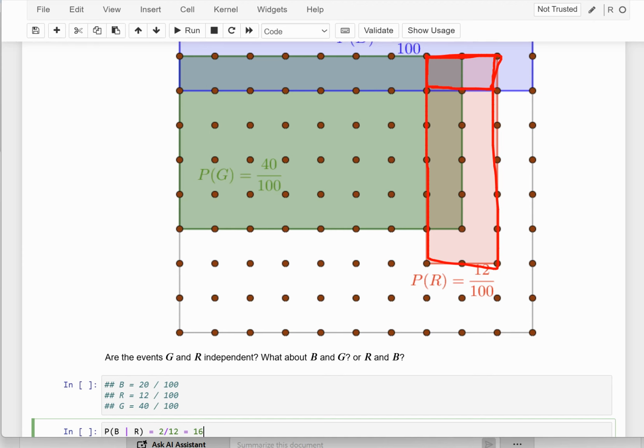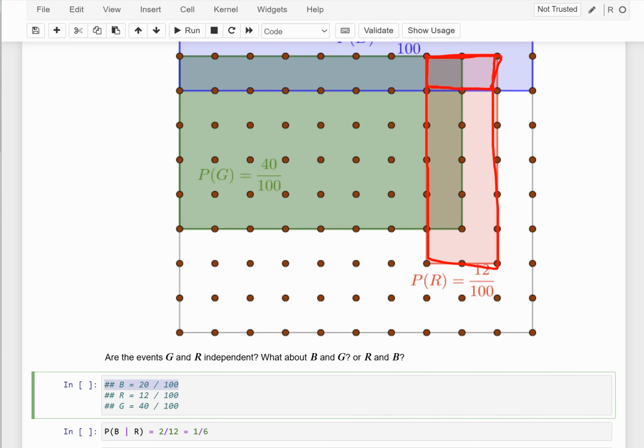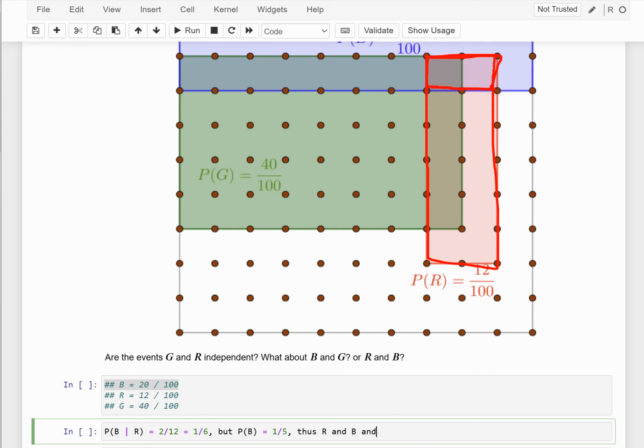So it's 2 out of 12, or 1/6, which is not equal to the probability of blue, which is equal to 1/5. So the probability of blue, given that red has already occurred, is 1/6, but the probability of blue is 1/5. So R and B are not independent.